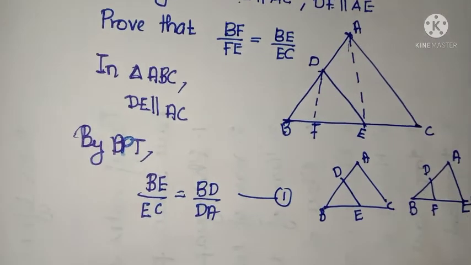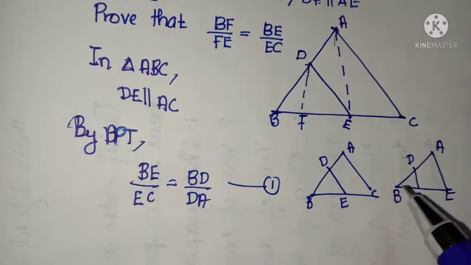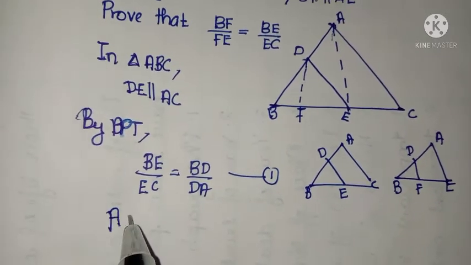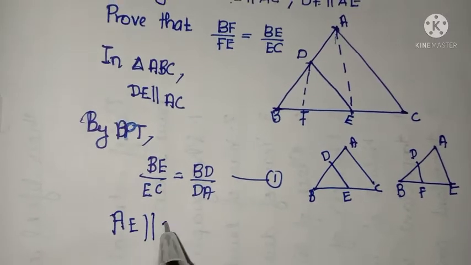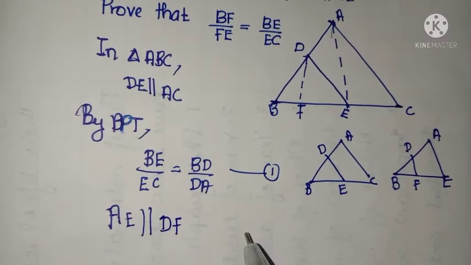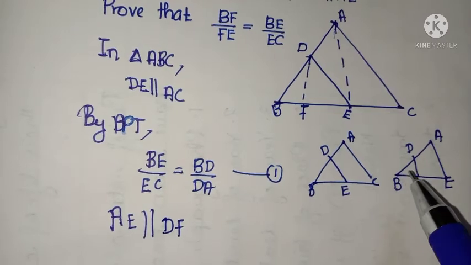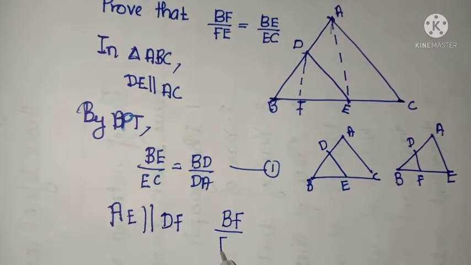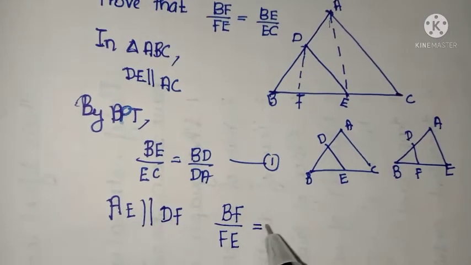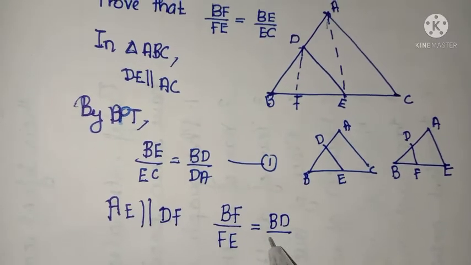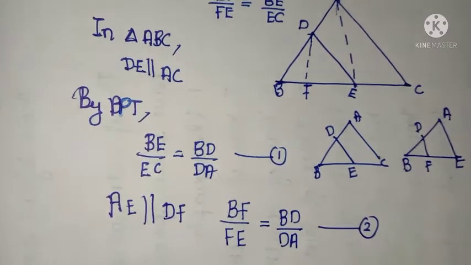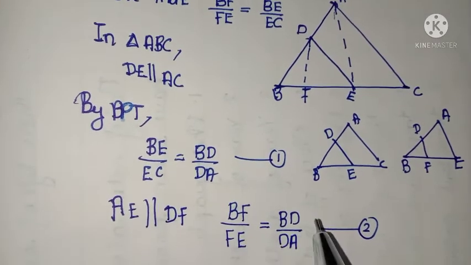Okay students? So in this triangle ABE, listen, AE is parallel to DF. So again by basic proportionality theorem, the ratio BF by FE is equal to BD by DA. Put it as equation number 2. Now look at these two equations.